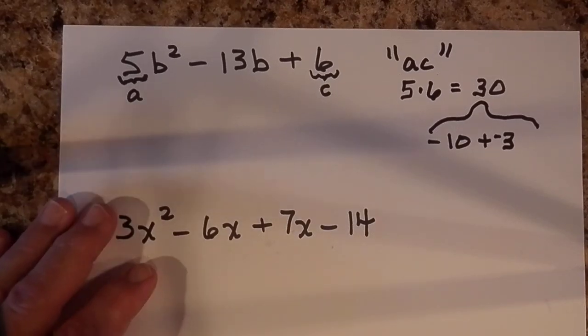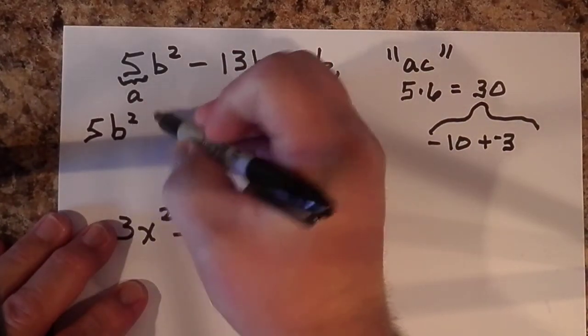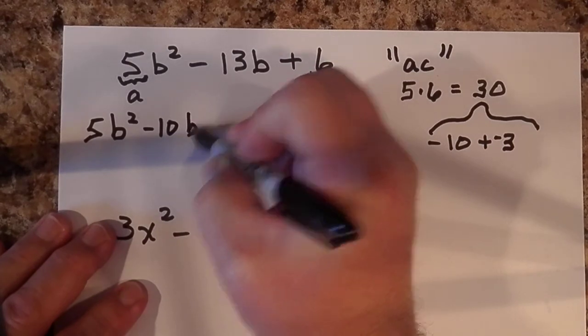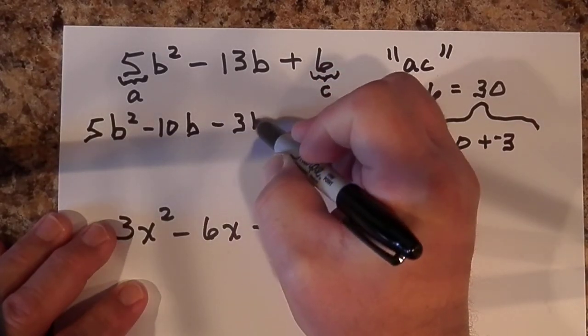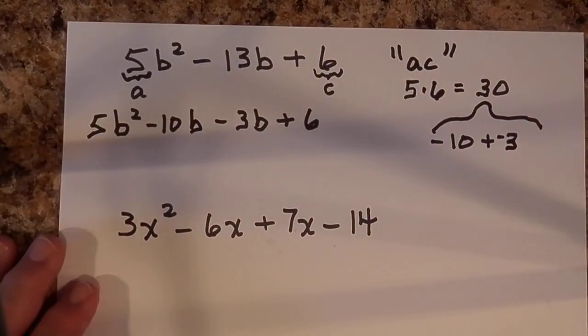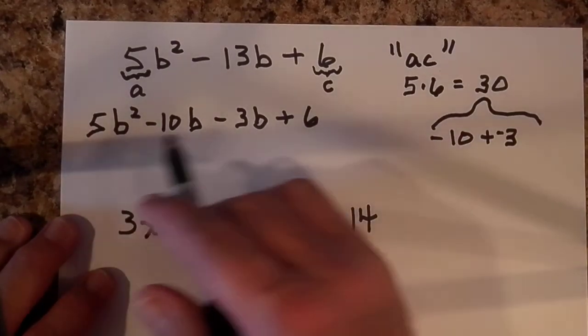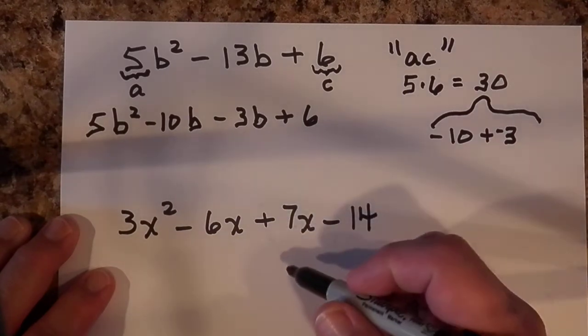So here's where some more strategic thinking comes in. Let's separate that 13 into negative 10b minus 3b. The first and last terms remain the same. Now we've got 4 terms. And I pointed to a situation in our first example where typically, if we have 4 terms, we're going to approach this by factoring by grouping.